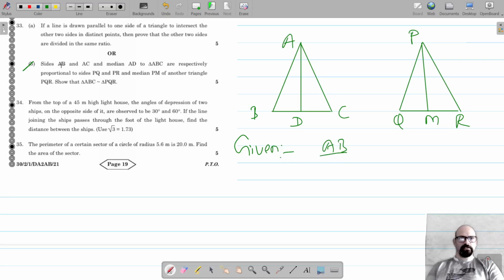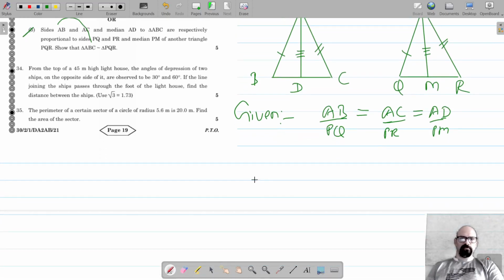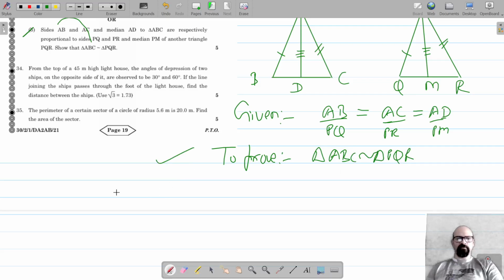AB is proportional to PQ, AC is proportional to PR, and AD is in proportion with PM. Now we have to prove that triangle ABC is similar to triangle PQR. That's what we have to prove.